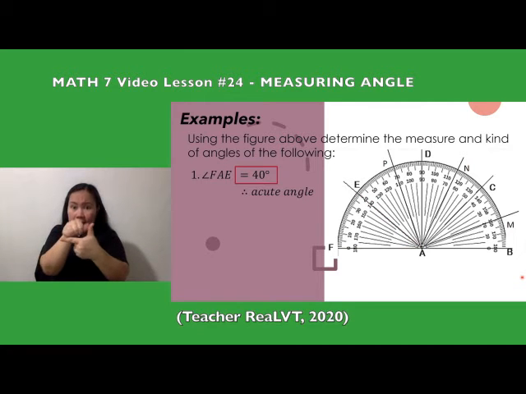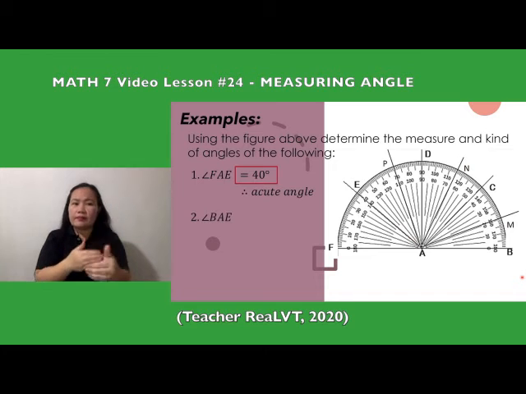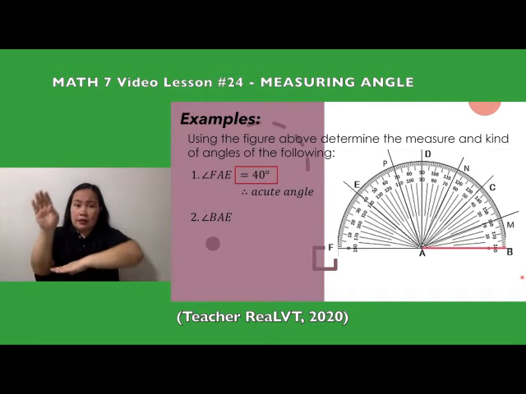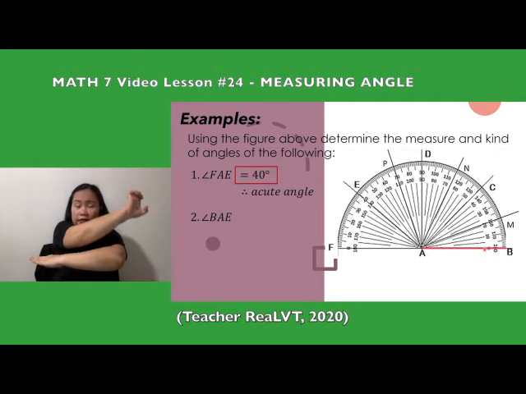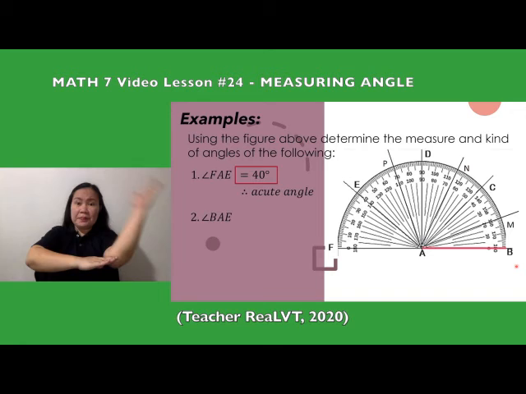Number 2, burahin muna natin yung ating lines kanina. Number 2, angle BAE. So, BA or AB, and then, kung mapapansin nyo yung isang letter natin is yung B, so dito tayo magdodraw ng line. Yung 0 ay nasa inner scale, so gamitin natin yung mga numbers ng inner scale. Okay, line AB or ray AB and AE.